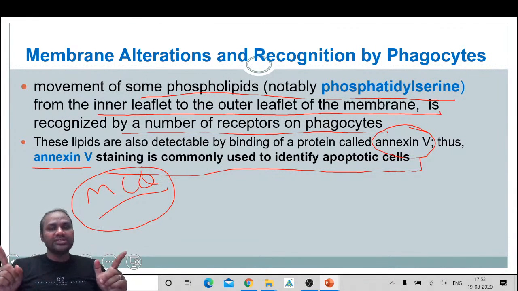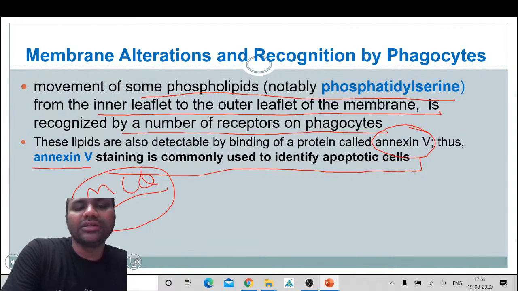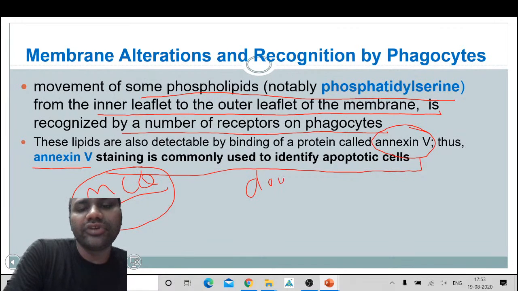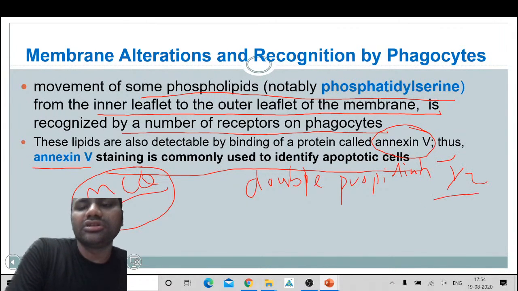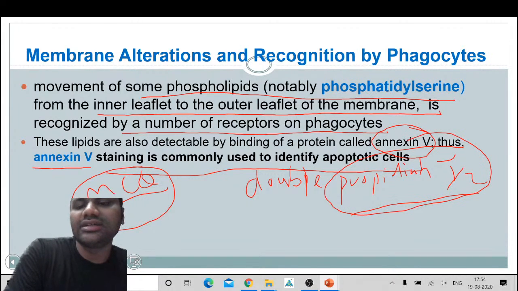So now how do you differentiate? Then you use propidium iodide. So now we call it double positive, with propidium iodide. Propidium iodide stains only necrotic cells.